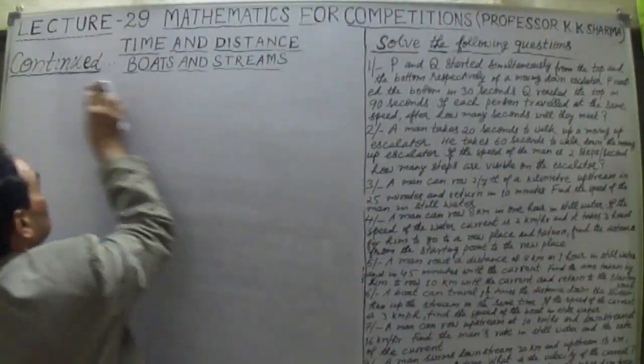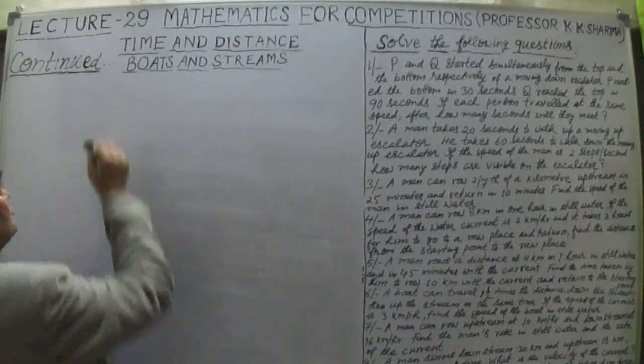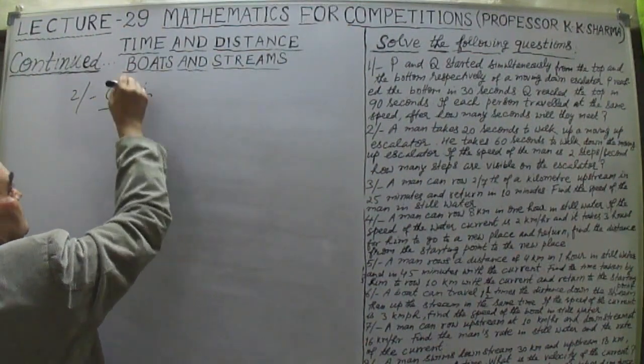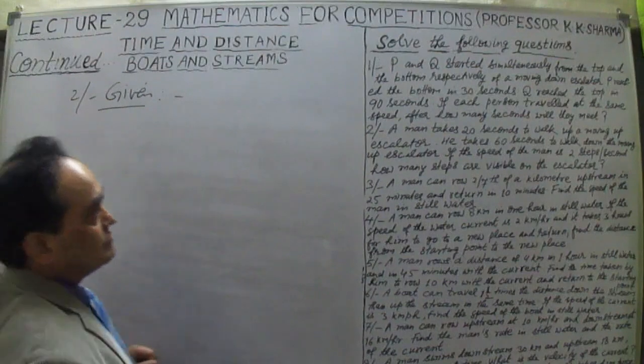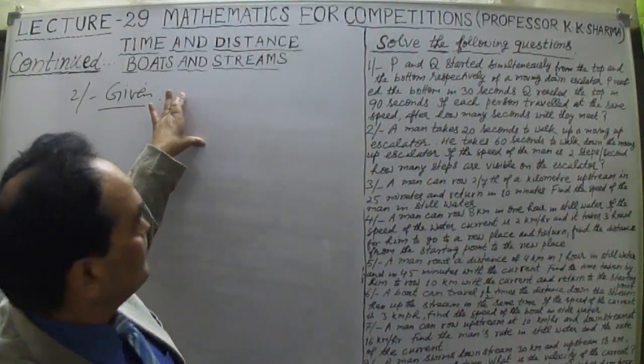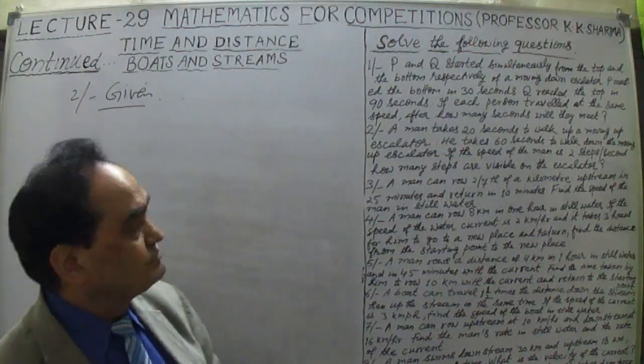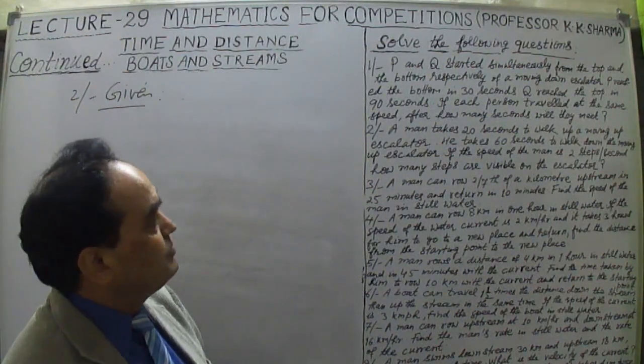Let me take question number 2. What question number 2 says, let me write here. Given. What is given to us? Question 2 says, a man takes 20 seconds to walk up a moving up escalator.